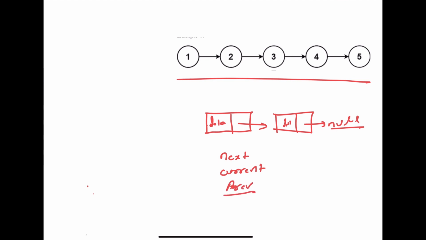Next will contain the address of the next node, current will contain the address of the current node, and previous will contain the address of the node before the current one, so that we can follow along to reverse it. Now let's see the code details and dry run it, and then we will run that in LeetCode and see whether we are able to solve this problem or not.